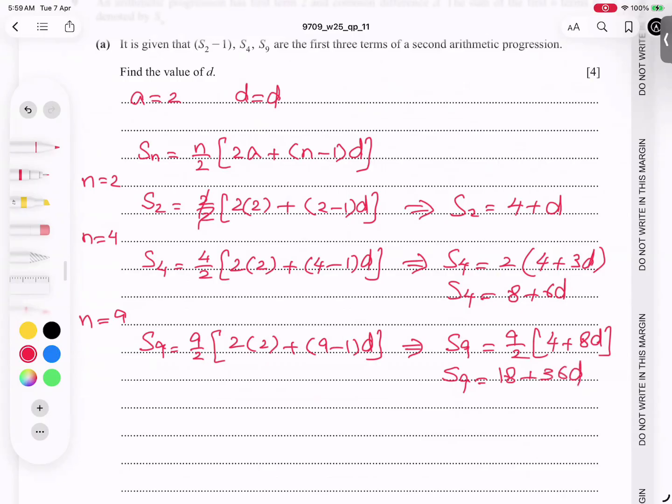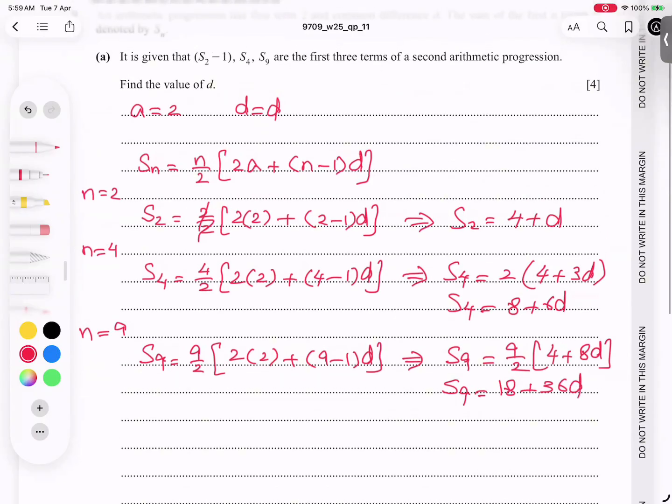So I got this one, and now read the statement once again. It's given that S2 minus 1, S4, S9 are the first three terms of a second arithmetic progression. The basic criteria whenever three terms are in AP: I'll give an example to understand. 2, plus 3 gives us 5, plus 3 gives us 8.